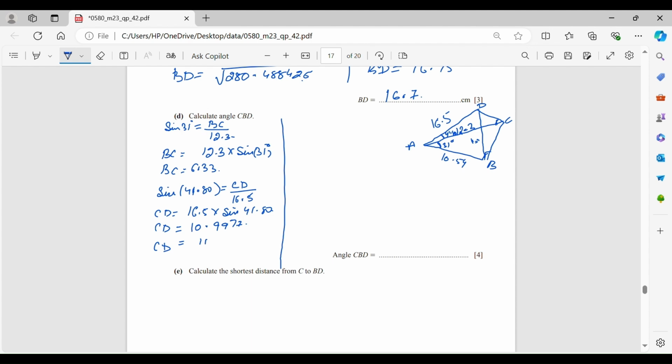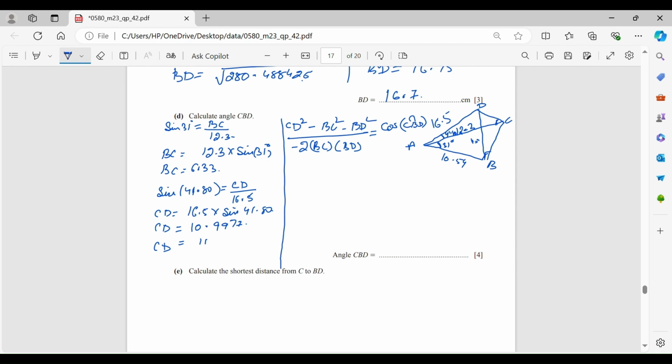So CD square minus BC square minus BD square over minus 2 times BC into BD is equal to cos of angle CBD, right?